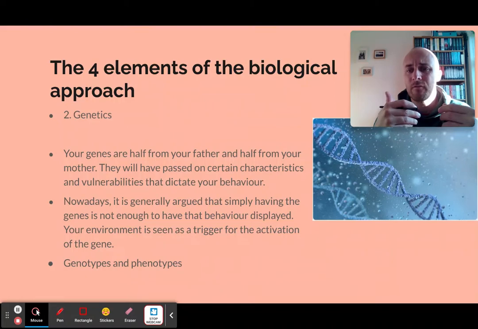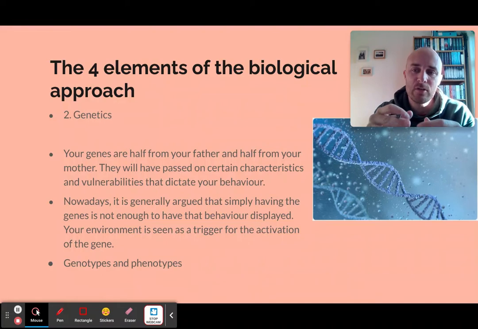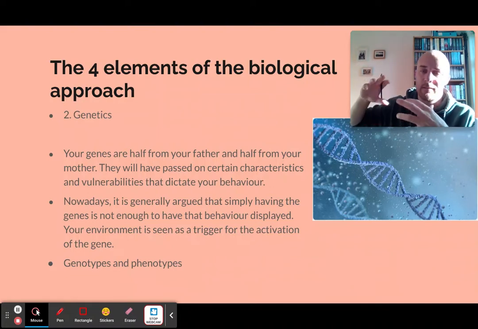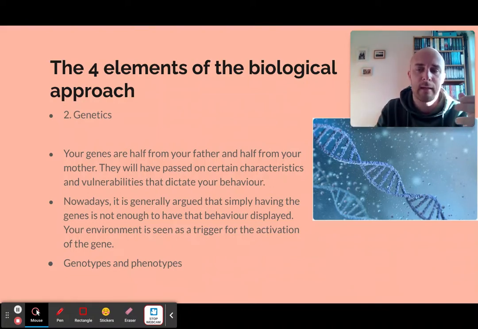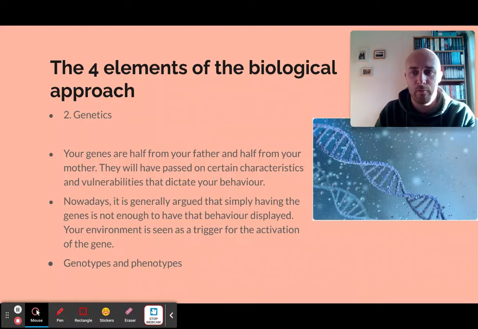You'll have genotypes for when your metabolism slows down, probably in the mid to late 20s. You have genes for what you might find attractive, maybe. So genotype is literally the genes you have, whereas a phenotype is the behavior that results from the interaction between your genes and the environment. That's probably the best definition I can think of off the top of my head.